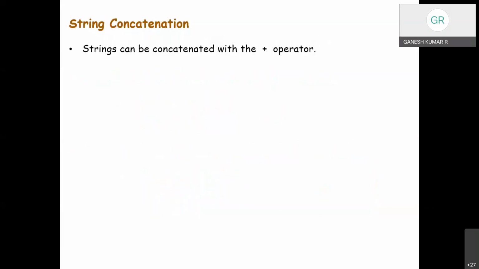Next, the string operators. We start with the first type, string concatenation. Concatenation is a process of joining two strings, and they can be concatenated with the help of the arithmetic plus operator.